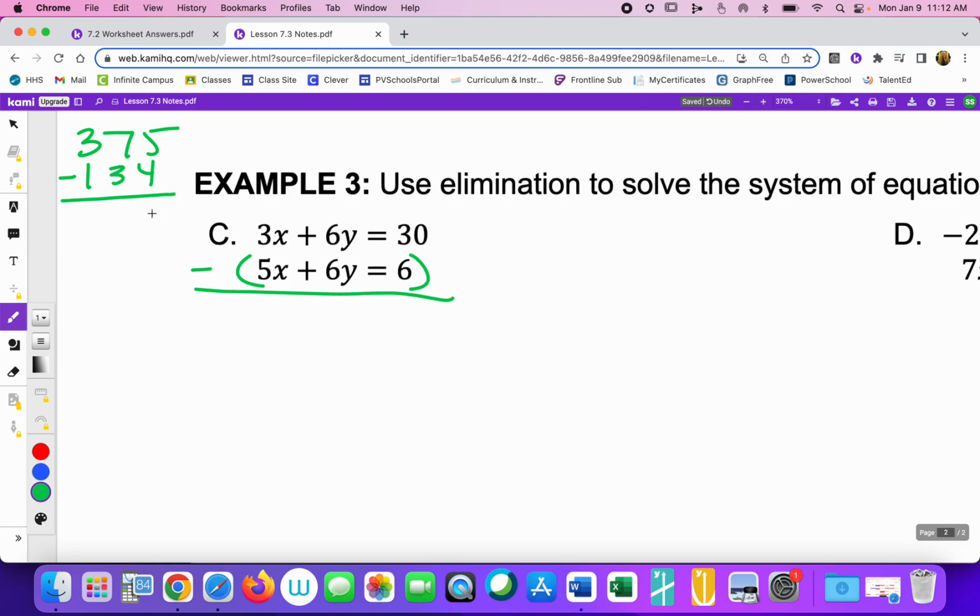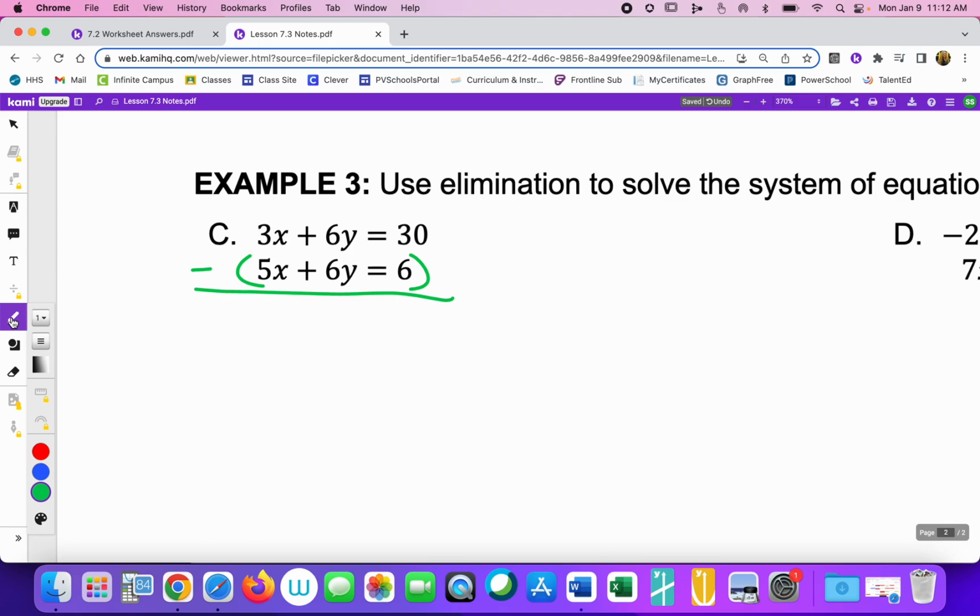To get a 1. It's the 7 minus the 3 to get a 4. 3 minus the 1 to get a 2. But it's minus everything. So that's why I put parentheses around it, because a lot of people will just subtract the one that they want and then add everything else by accident.